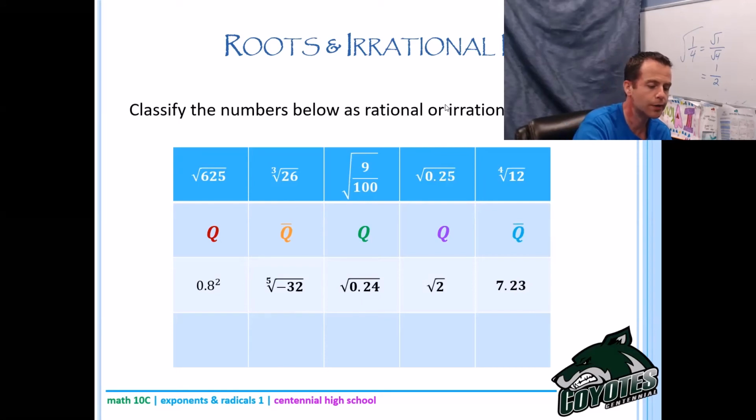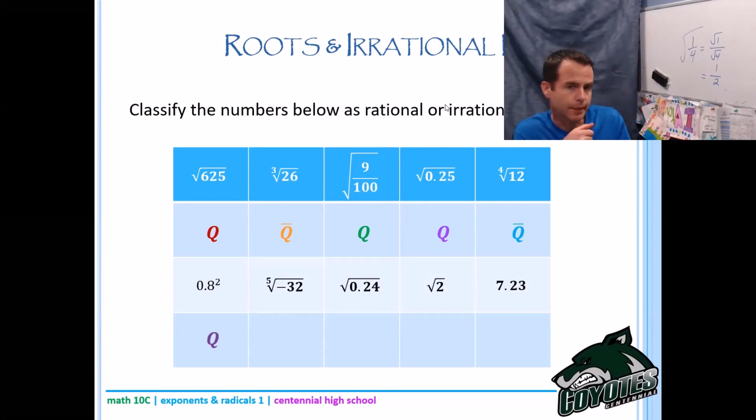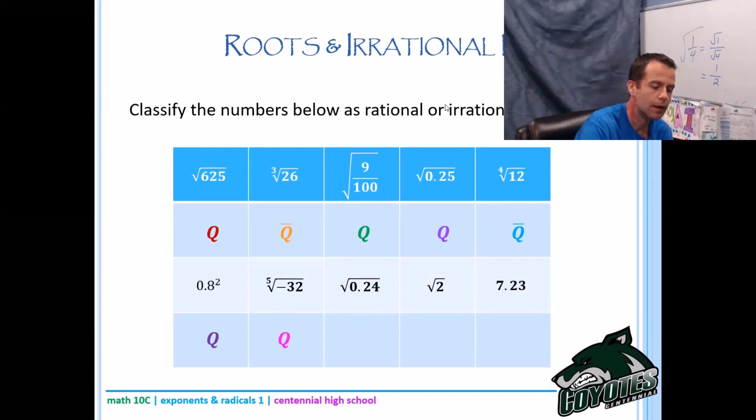0.8 squared is 0.64. That terminates, so that's rational. The fifth root of -32 happens to be -2. So that would be rational. The root of 0.24, 0.24 does not have a root that would be a fraction.